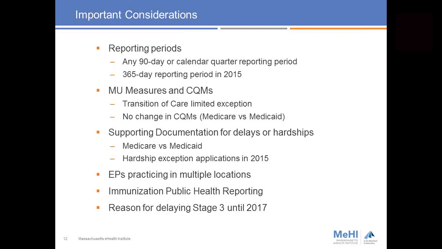So one of the interesting aspects of this legislation is how they approach the transition of care requirement, which is a stage 2 requirement, which requires that the eligible professional who transitions, actually hospitals as well, refers their patient to another setting of care, provider of care, provides a summary of care record for more than 10% of such transitions and referrals, either electronically to a recipient or where a health information exchange is used.